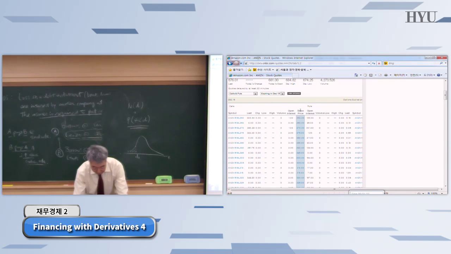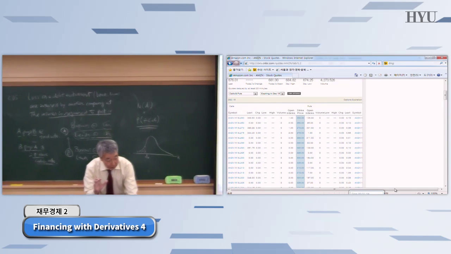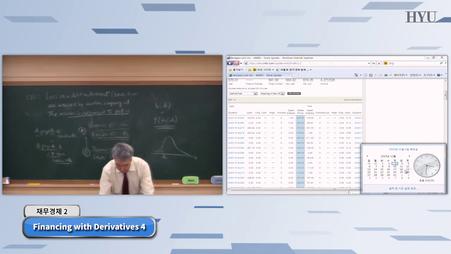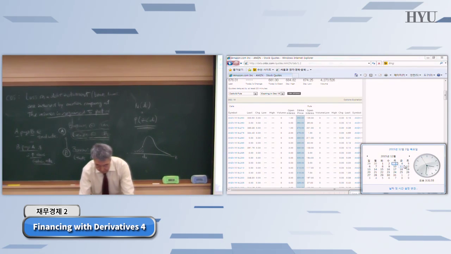So, you have to actually calculate the number of days until expiration, right? So make sure you understand. The December 2015 option expiration date is December 19, right? That's the Saturday following the third Friday, right?